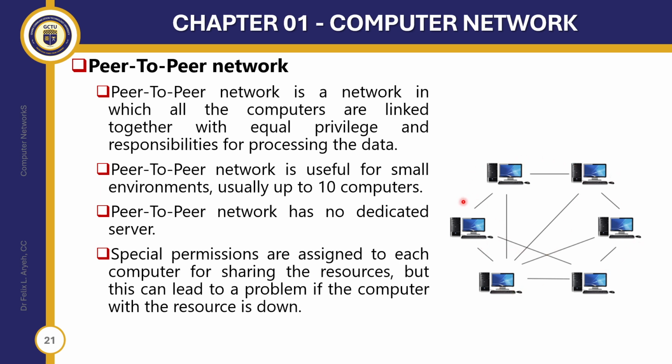The moment this resource, which contains data that is used by all of these, goes down, it means all these computers will be at a disadvantage because the resource is down. So that is one problem when it comes to a peer-to-peer network.